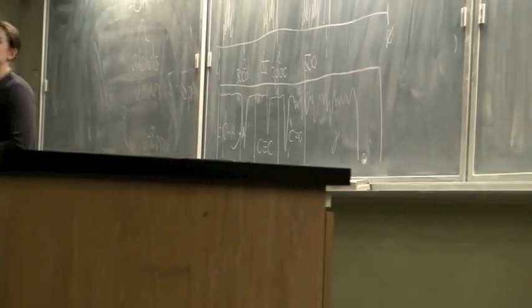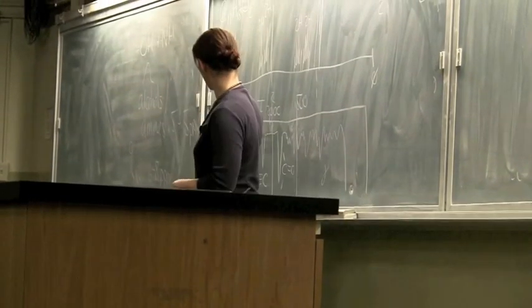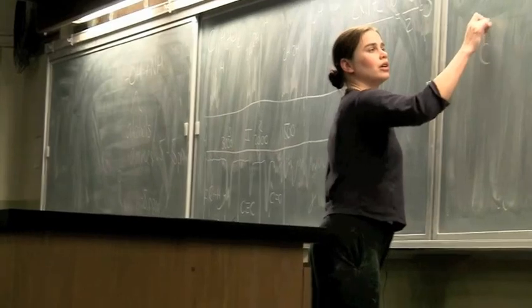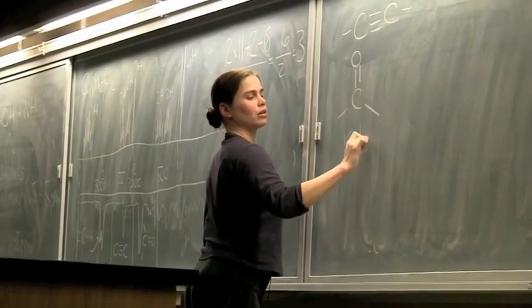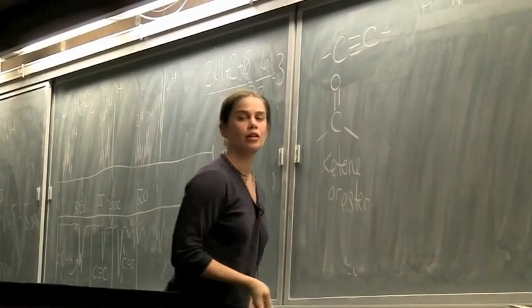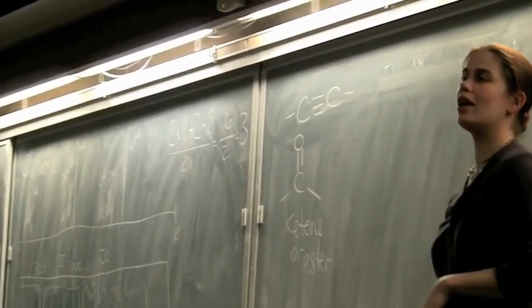So we probably have some sort of CO. And it's probably not an aldehyde. With an aldehyde, you can see the aldehyde hydrogen. So we've got some sort of CO, ketone, or ester. It's not an acid or it would have an OH. It's not an aldehyde or it would have a hydrogen. Probably a ketone or an ester.